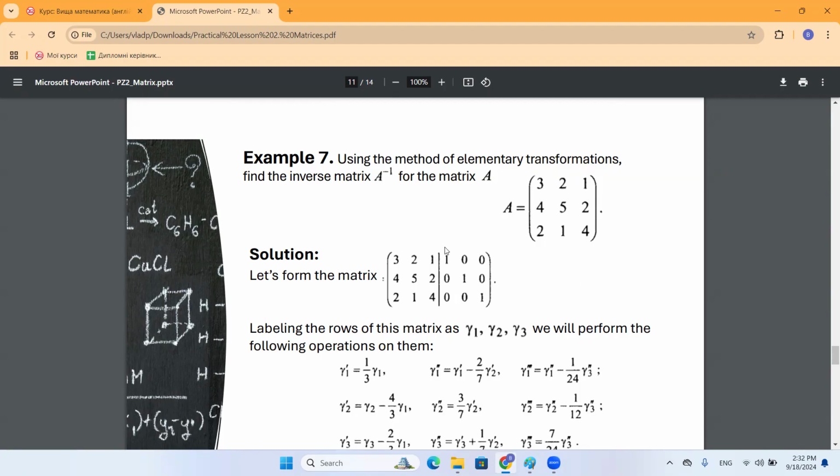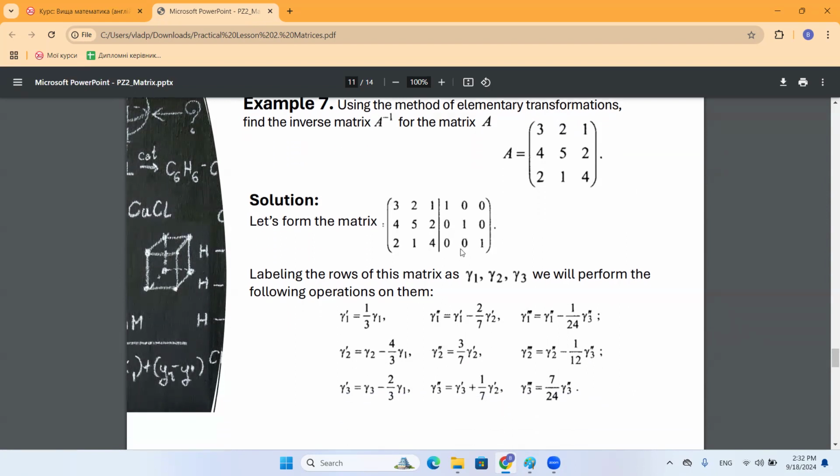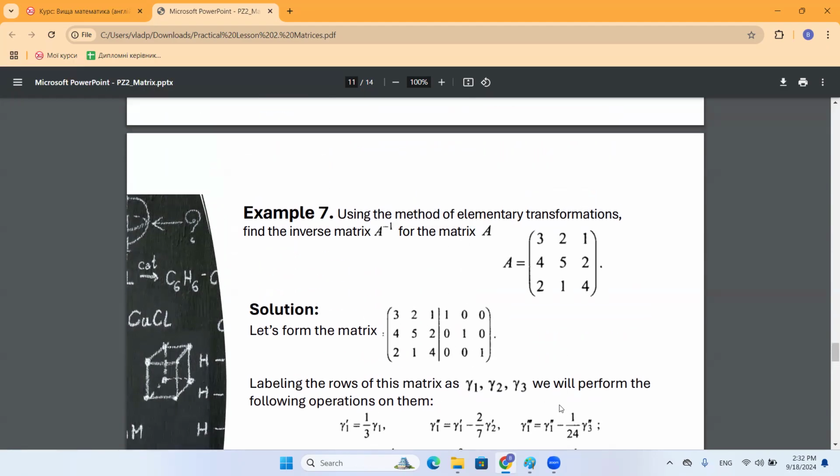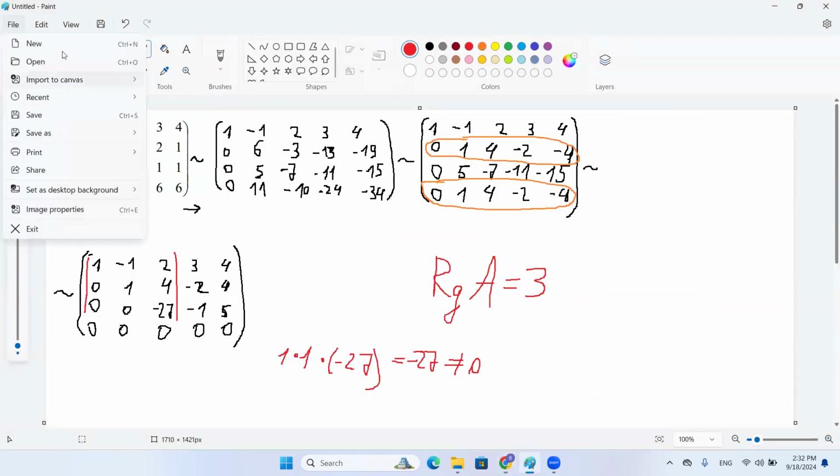With these elementary transformations, I will transform this matrix to the identity matrix, and the matrix on the right will then become the inverse matrix. But for finding the inverse matrix, we cannot swap rows. Their order is important. Okay, so let's start.